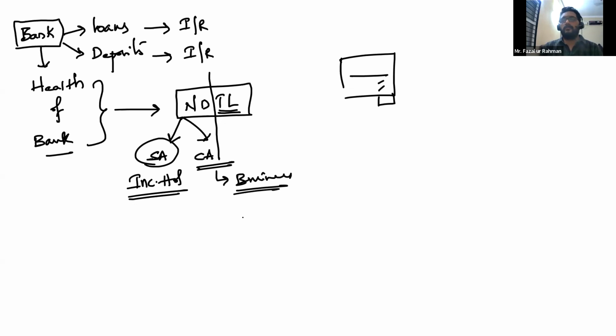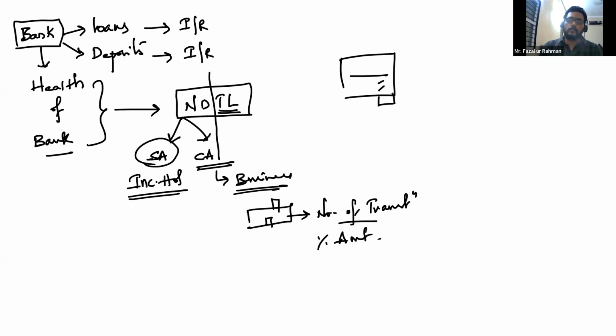See, in general, if you have an organization and you are running it, your number of transactions in a day will be very, very high, and the amount of money transferred will also be very high.